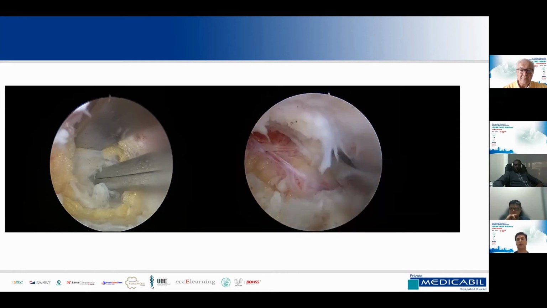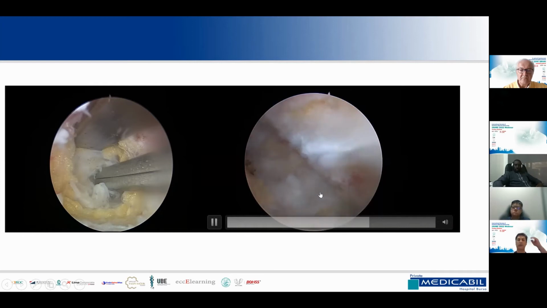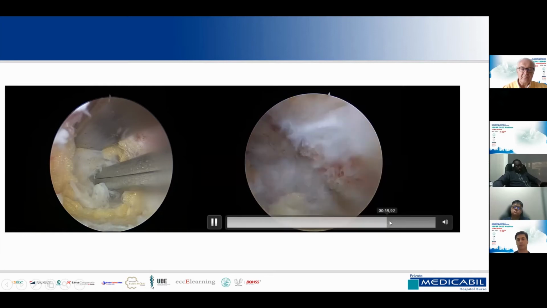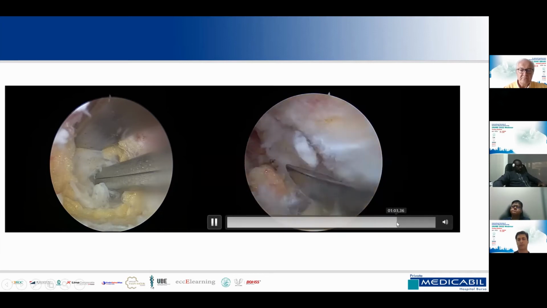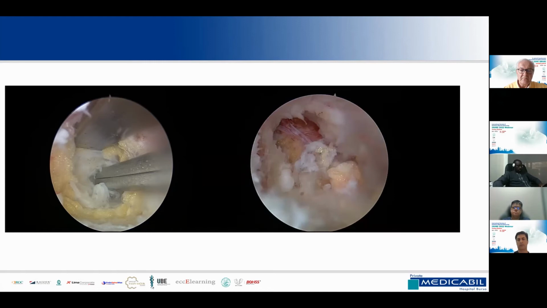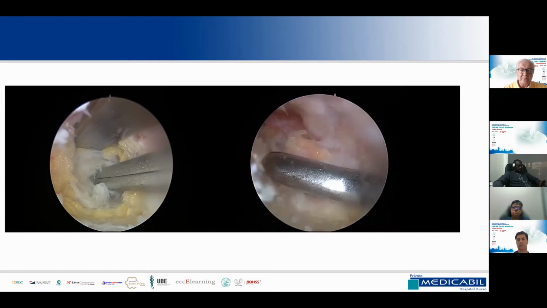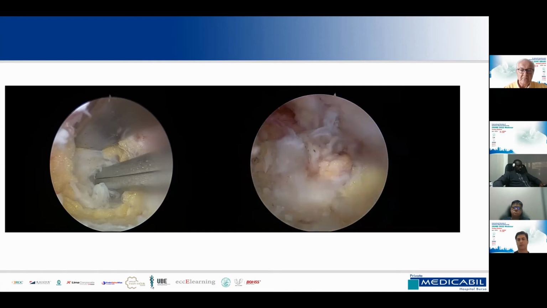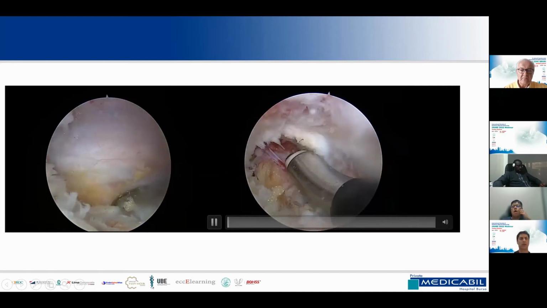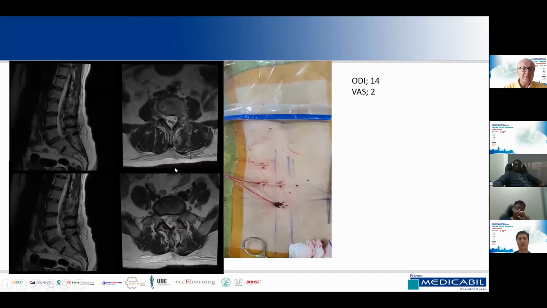Maybe you can notice how the foramen is narrowed. Okay, now this is the result. We removed the SAP and we removed the disc from here. And here are the postoperative skin incisions.